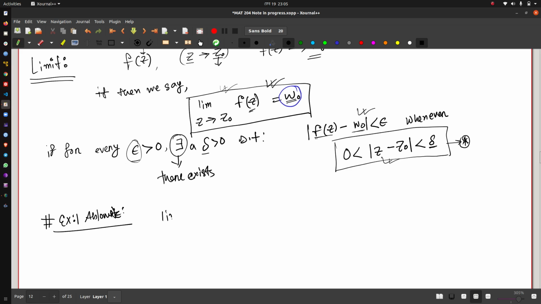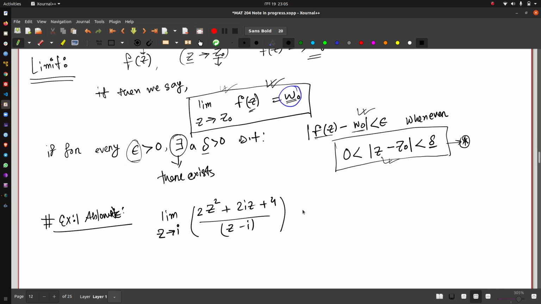And first we want to see what is the limit of this thing: 2z squared plus 2iz plus 4 divided by z minus i. And you can factor this just like real variable calculus.